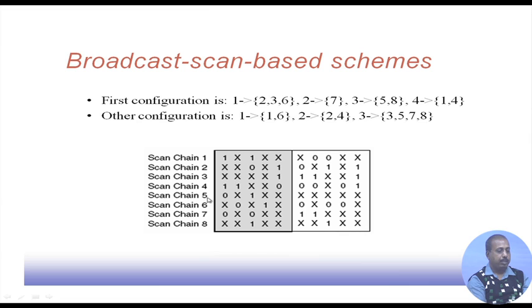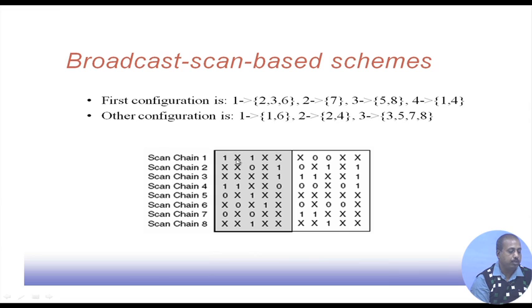So, this is a typical example. If you look into this particular structure, suppose scan chain 1 will get this particular pattern, and scan chain 2 is supposed to get this pattern. You see that scan chain 1 and scan chain 2 are compatible to each other.